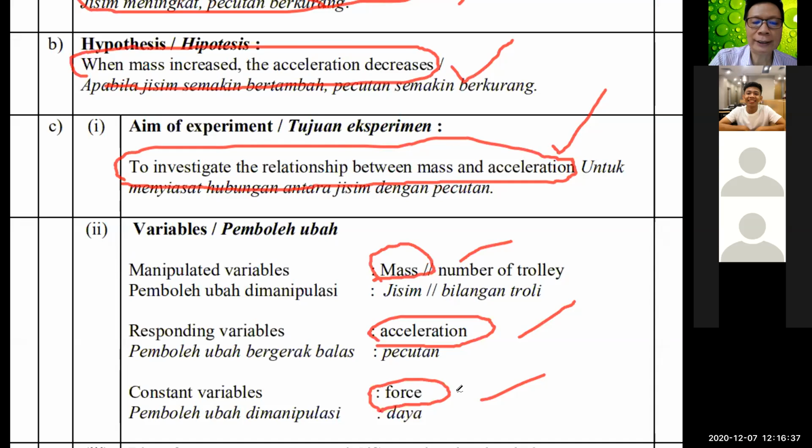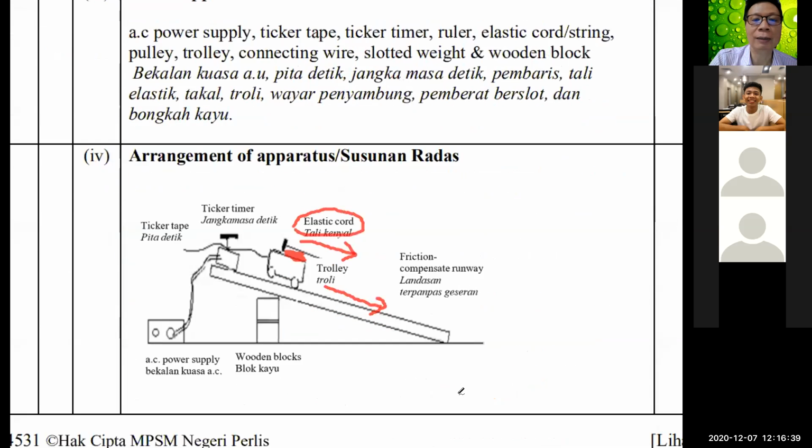Next, list of apparatus and materials. One shot, see everything. AC power supply, ticker tape, ticker timer, ruler, elastic cord. Pulley? Why need a pulley? No need pulley, this one cancel.